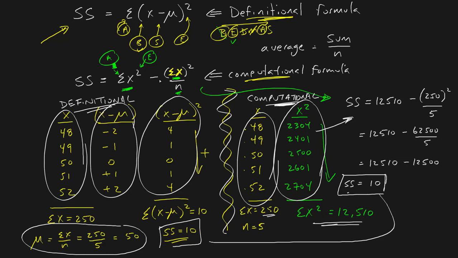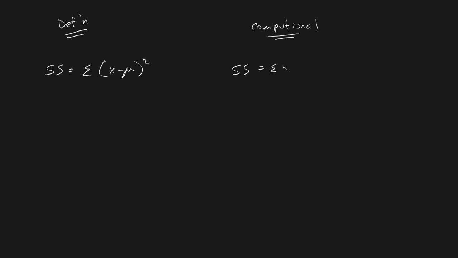So let me just put these two formulas side by side again. The definitional formula is sum of squares equals the sum of the squared deviations from the mean, and the computational is sum of squares equals the sum of x squared minus the sum of x in brackets squared over n.